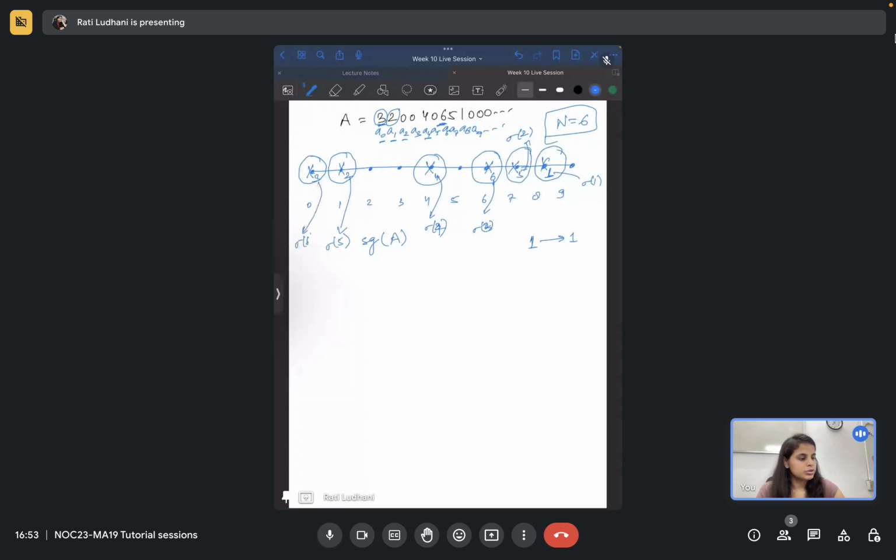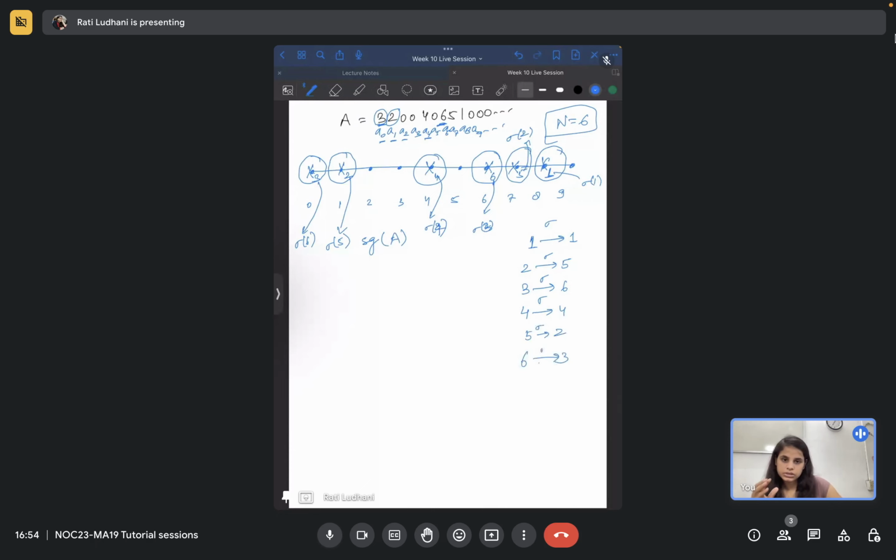So what does this say? 1 goes to 1, 2 goes to 5, 3 goes to 6, and 4 goes to 4 in sigma, and 5 goes to 2, and 6 goes to 3.